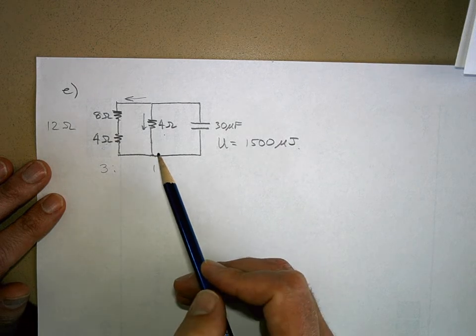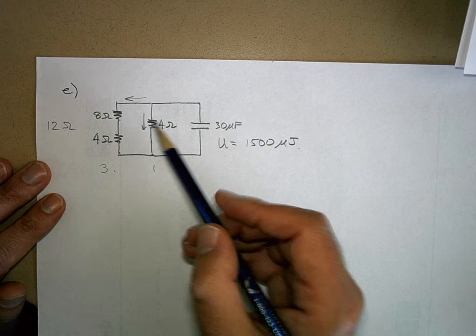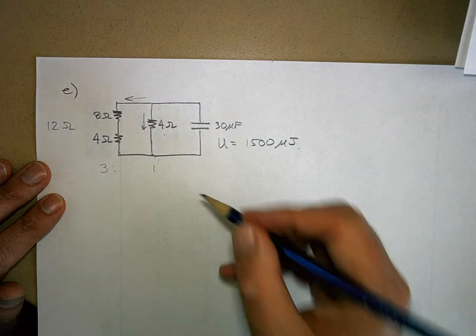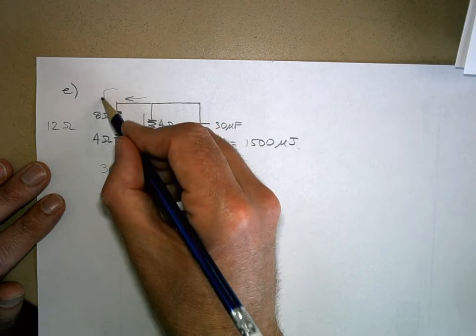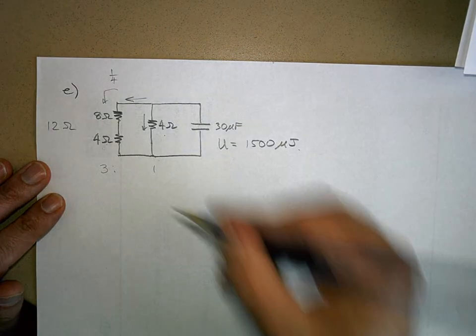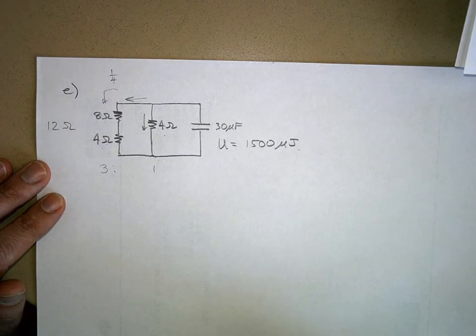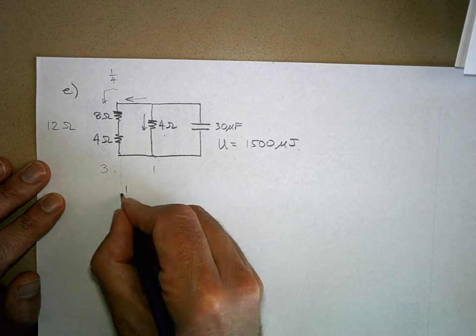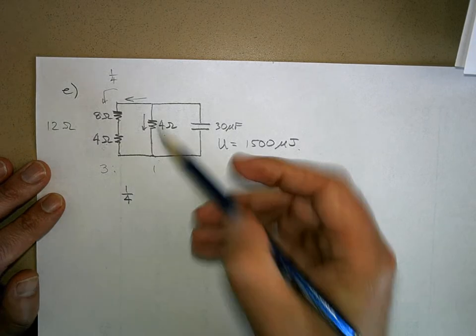That means only 1/4 of the total current is going to flow through here. So you have 1/4 of the current flowing through this 8 ohm resistor.